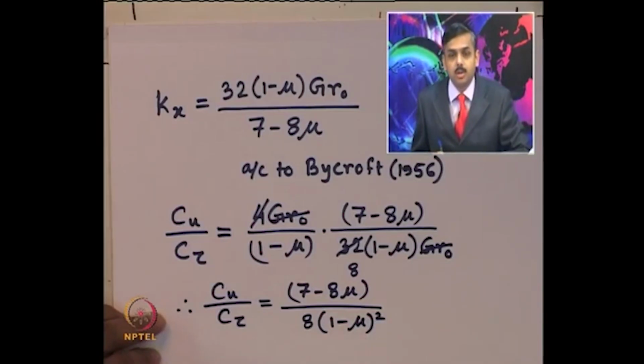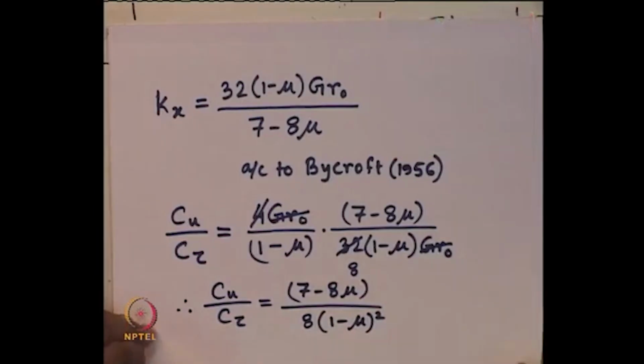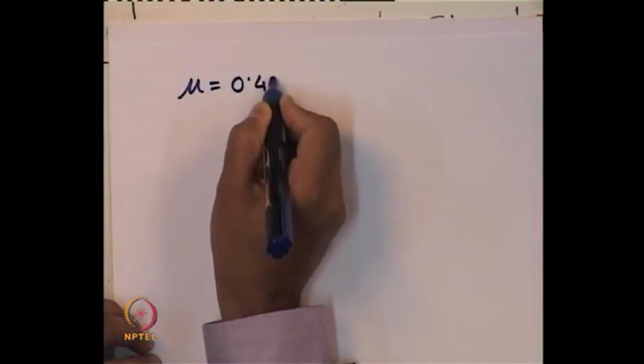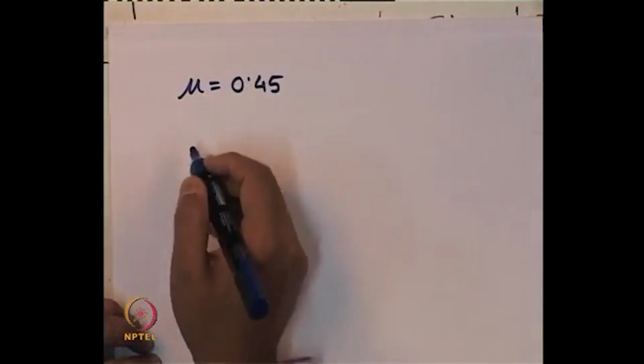That is the expression. Now, it is given in the question that for mu equals 0.45, we need to find out the exact relationship. So, let us put the value of mu equals 0.45. Poisson's ratio is given as 0.45.